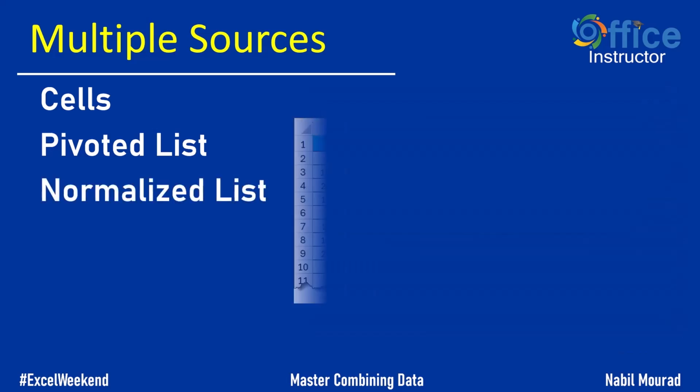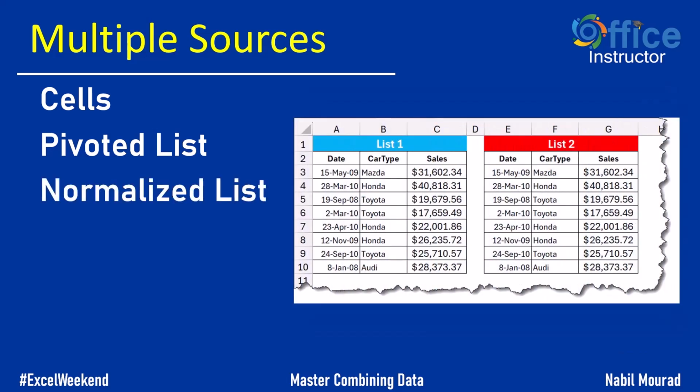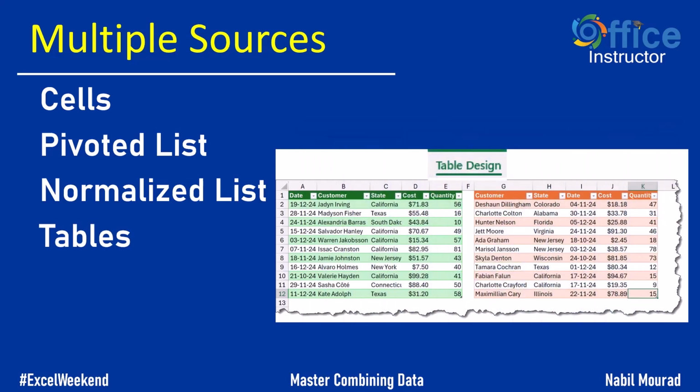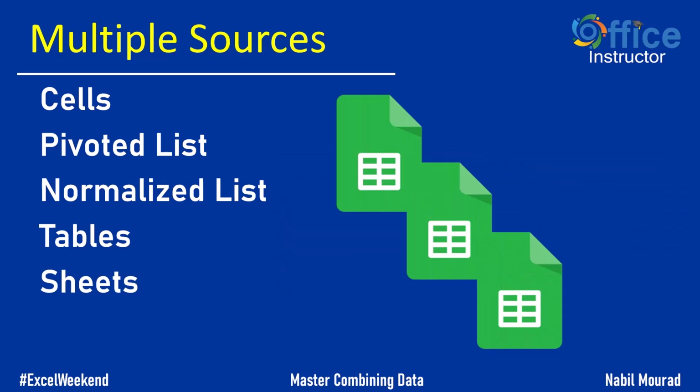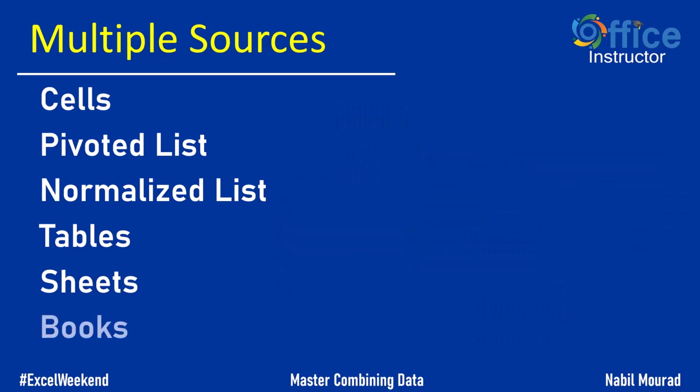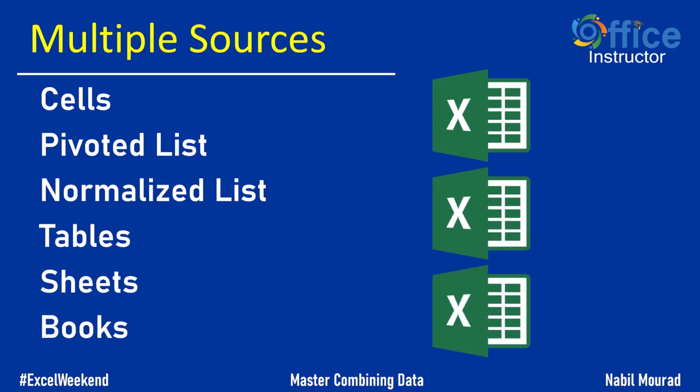The source data can be also in a normalized list, with column headers only and records in rows. Or we could have the data in a well-structured table. In a more advanced scenario, we may want to combine multiple worksheets of data, or even multiple workbooks stored in a folder.